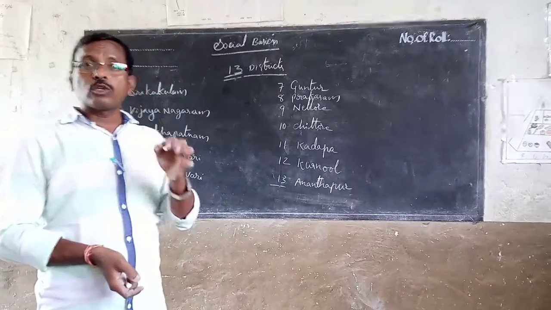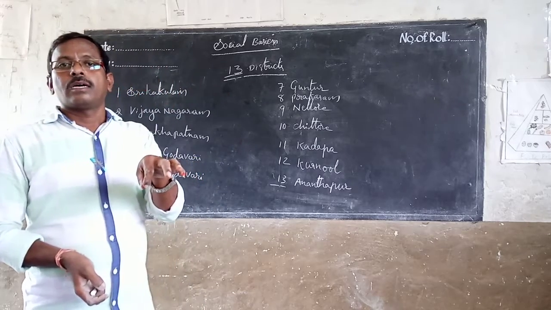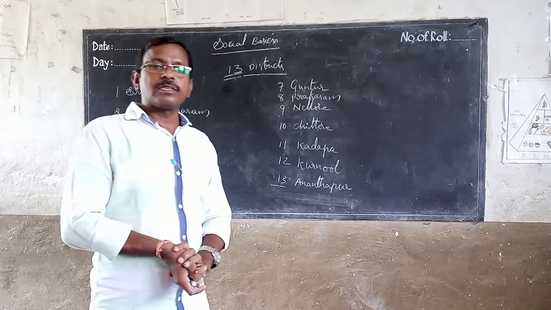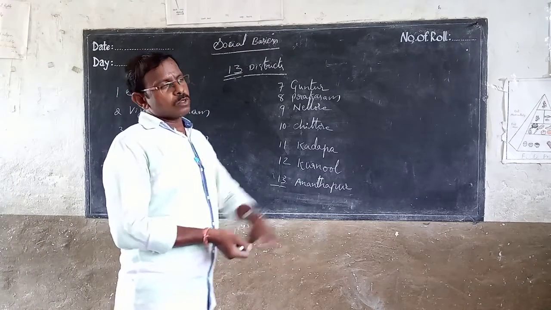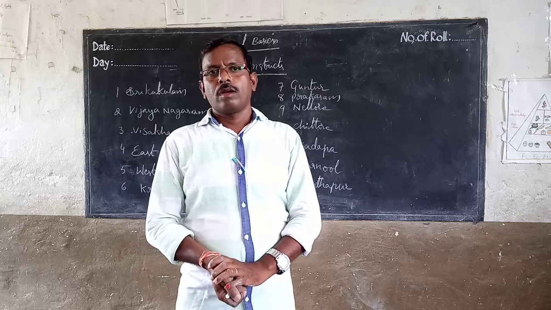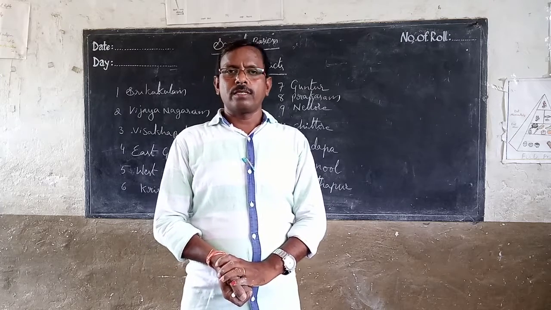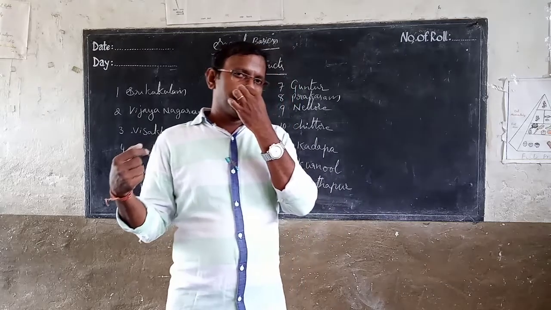Why? Because we have 25 constituencies. The constituencies are changed into districts. We have the Amalapuram constituency, so the Amalapuram constituency becomes one district. Konaseema district, like that. Kakinada, one of the constituencies, is also one of the districts.